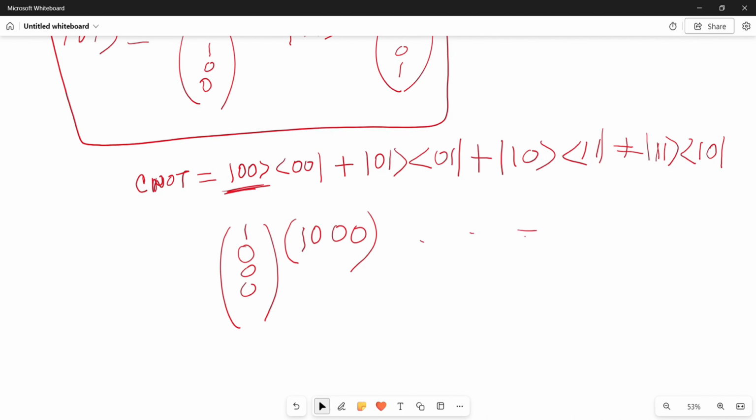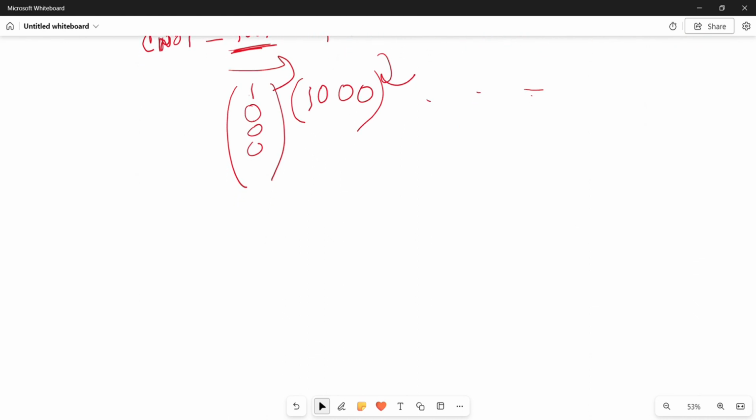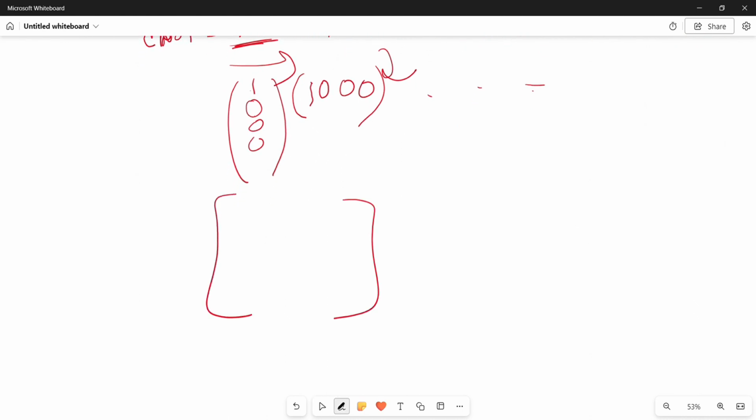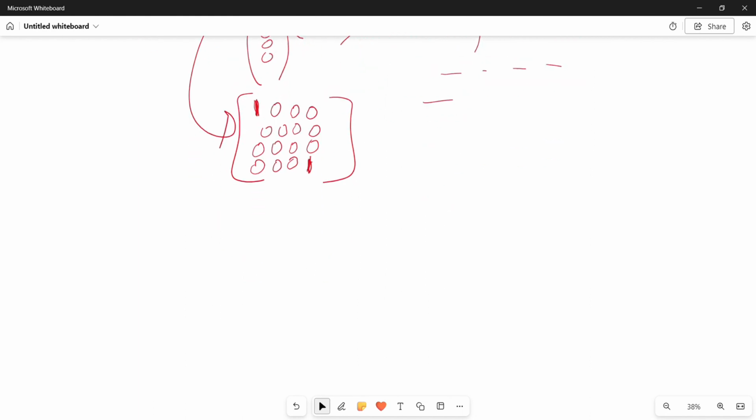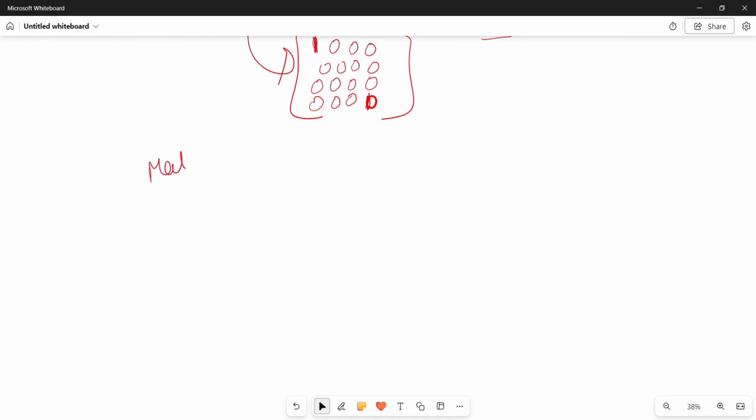For all, do the same thing, multiply these matrices, 1 into 1, 1 into 0, and the resultant you will get is a 4 by 4 matrix for each one. So we'll be getting 1, then all zeros. This is how the first one looks. For all of these you just calculate, and later on the final matrix for CNOT will look like this.